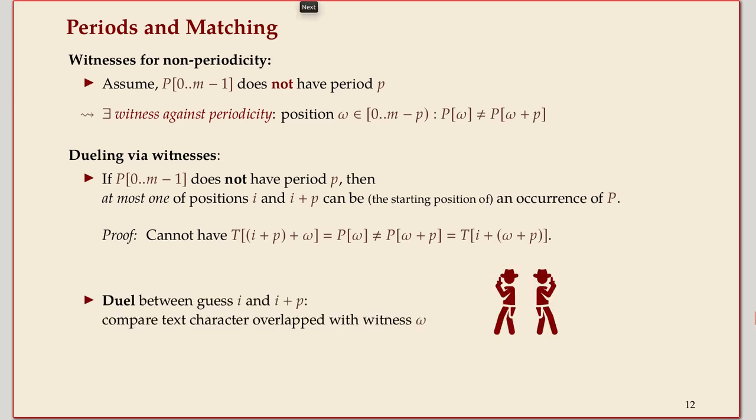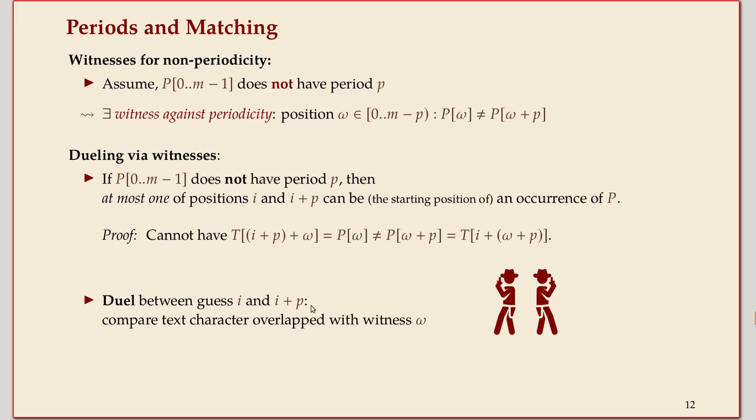Well, and that helps for string matching, because string matching is all about disproving guesses, disproving that certain positions are the beginning of a match. And well, we can formulate this as a duel between two positions. We have these positions i and i plus p.